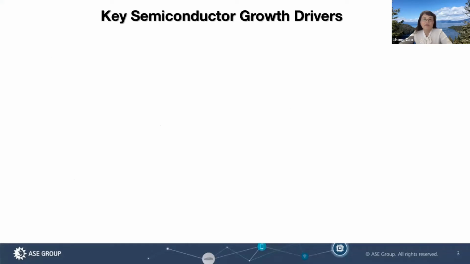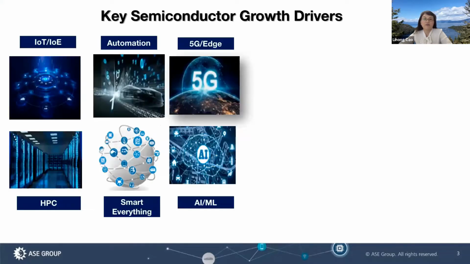So we have seen the digital transformation has encompassed multiple sectors in our daily life, from Internet of Things to Internet of Everything, automotive, industrial, 5G, AI, machine learning, and data center. It has driven the semiconductor industry growth significantly.